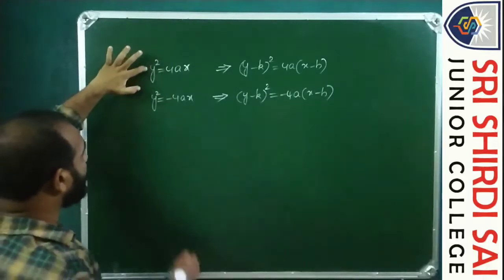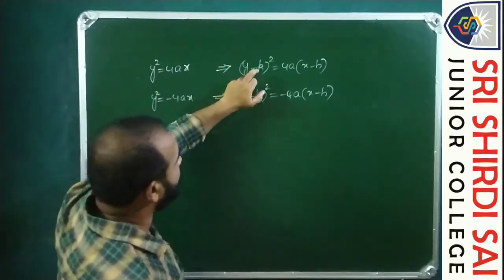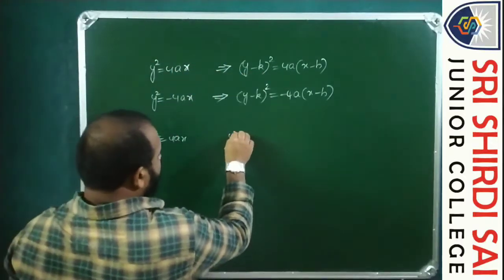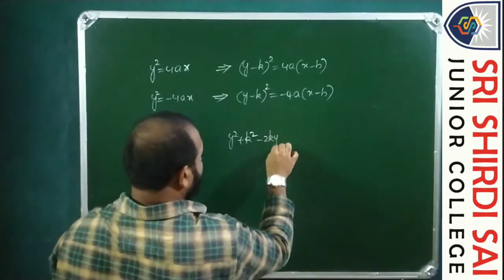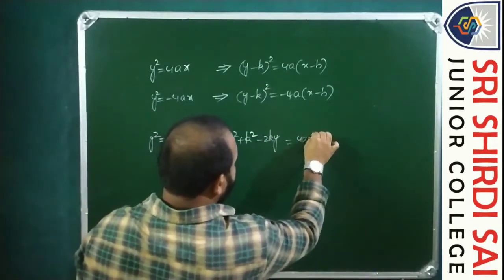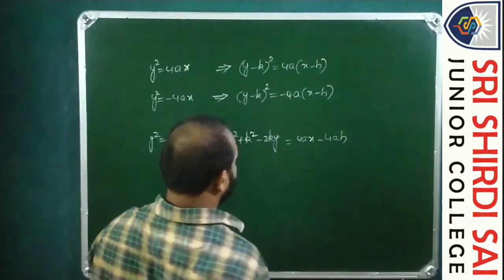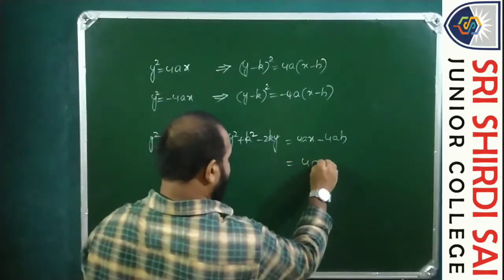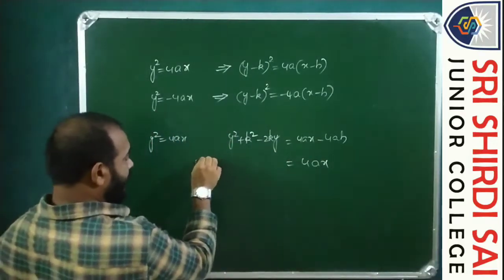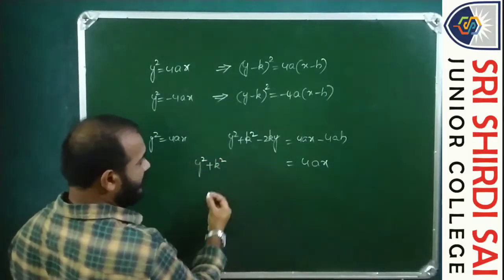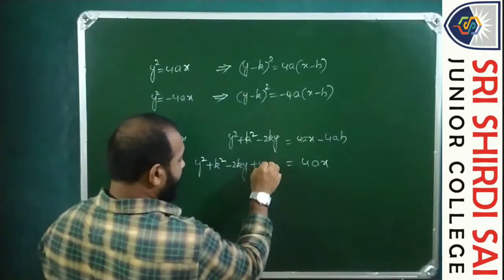So if you expand it, y square equals 4ax. Otherwise, if you expand this, y square plus k square minus 2ky equals 4ax minus 4ah. So 4ax equals y square plus k square minus 2ky plus 4ah.